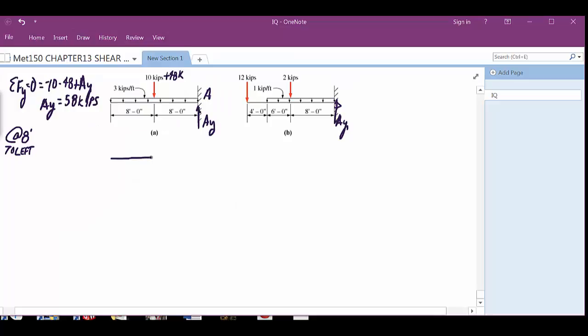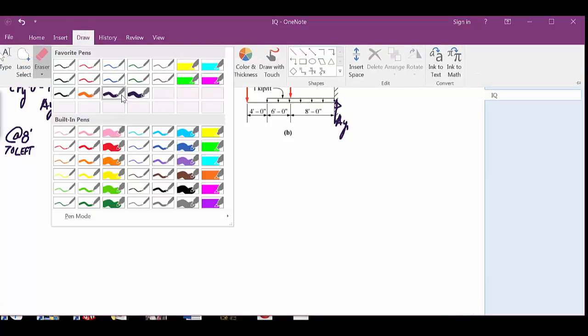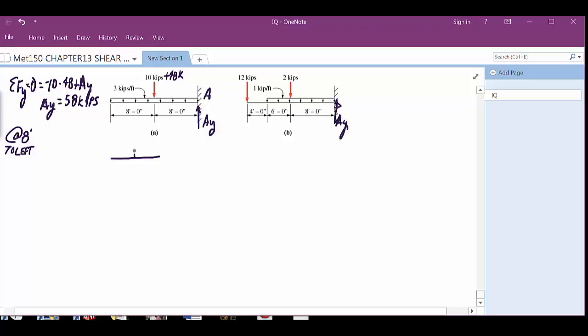So if we're looking at this, and we're just to the left of it, the only thing we have to concern ourselves with is one force right here. Now we know this overall is 8 feet.